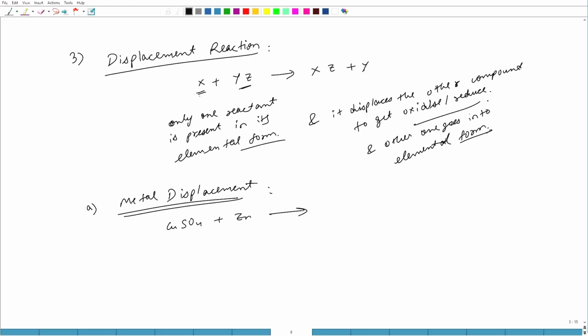Copper sulphate plus zinc. Remember, we did this reaction while we were discussing preferential oxidation and all.